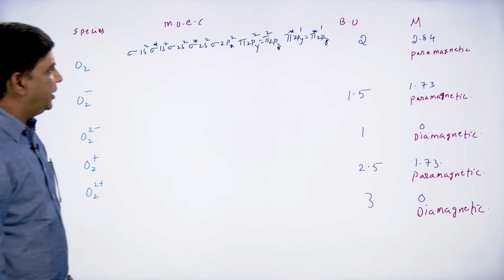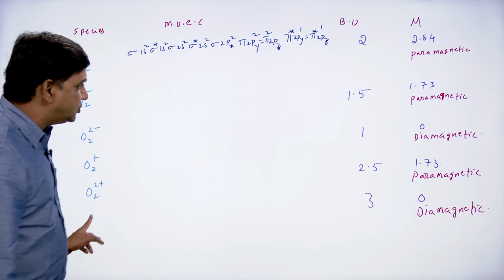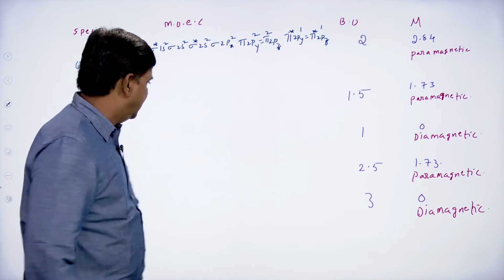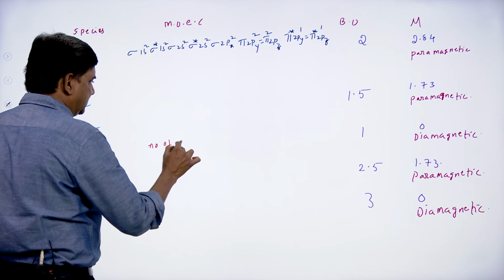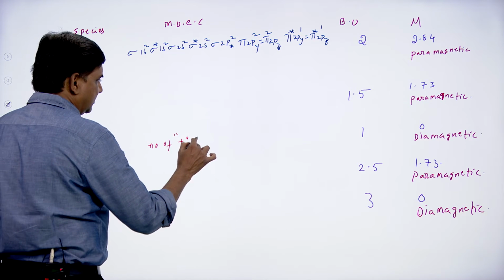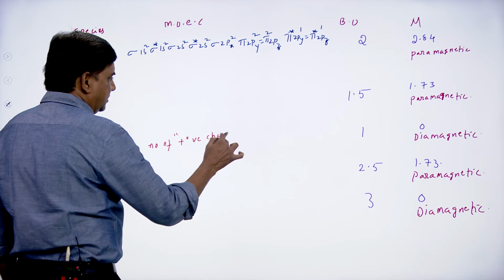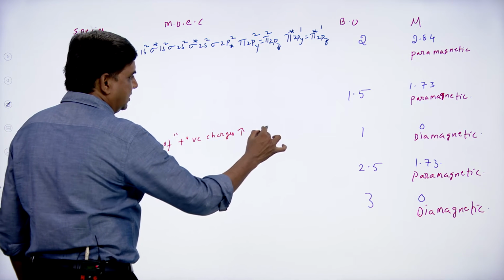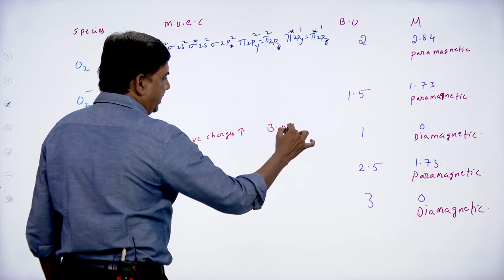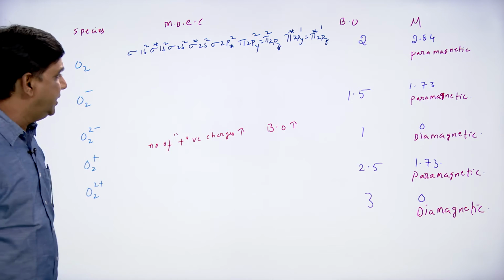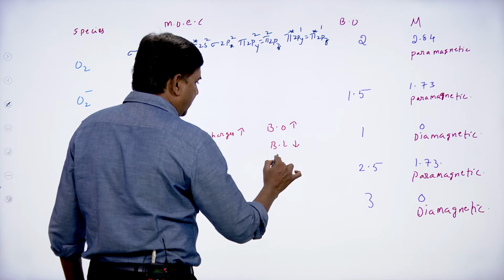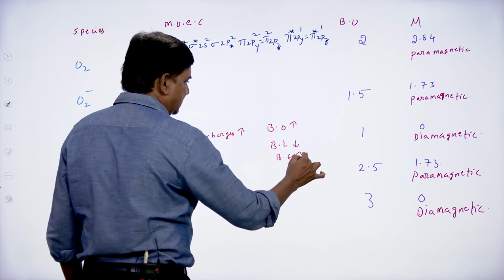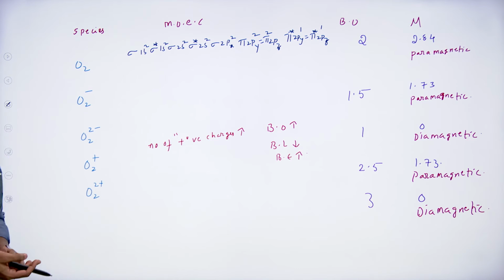So here one point you have to understand: as positive charges increase, bond order increases. As the bond order increases, bond length decreases and bond energy increases. This is one relation.